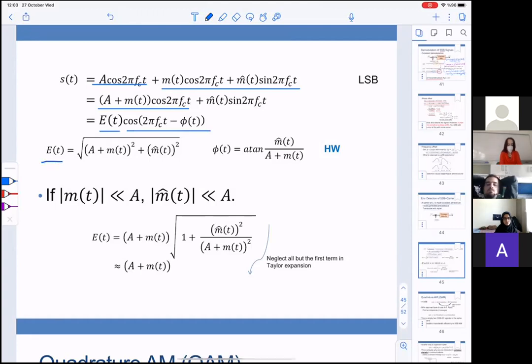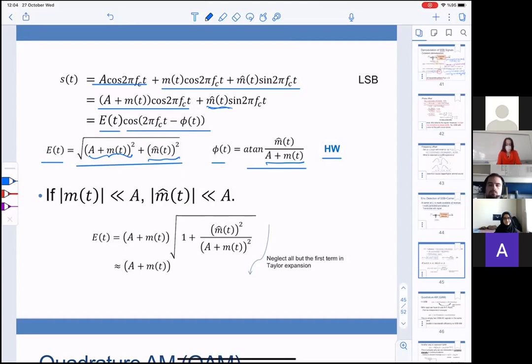You know very well that the amplitude is the square root of the first term squared plus the second term squared. And the angle is the arctangent of the ratio of m hat to A plus m. Now, if you don't remember this, remember it as homework. You got to know how to do this.